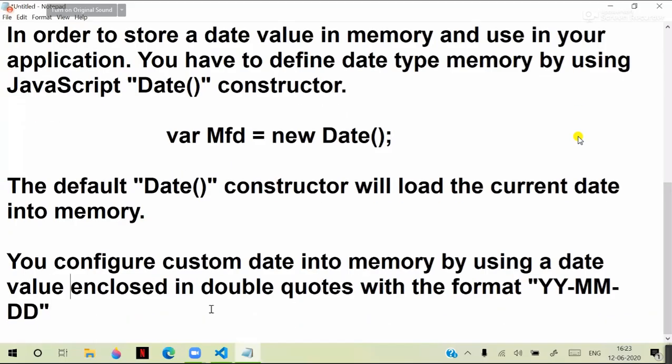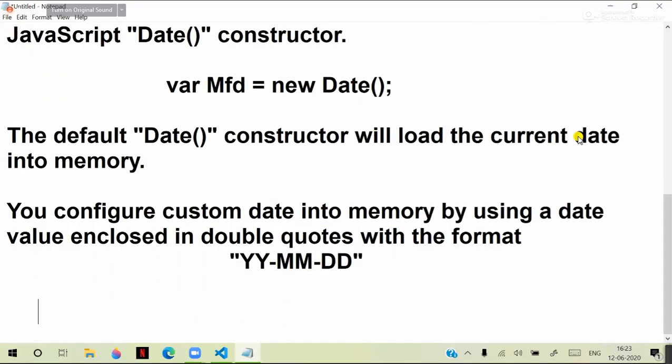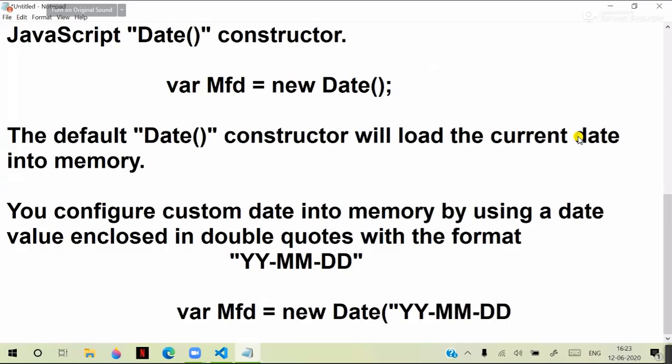We have to enter the date in this format. That means where MFD, manufactured, is equal to new Date. In new Date, you have to define year hyphen month hyphen day.